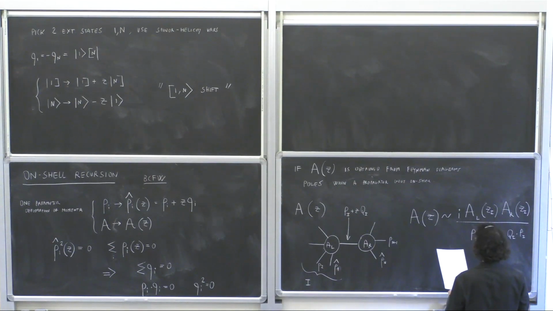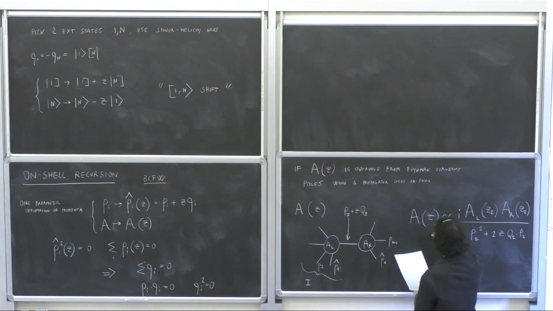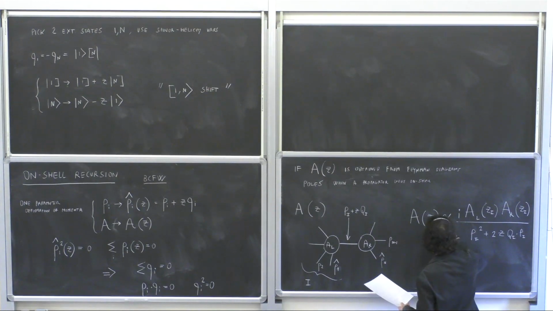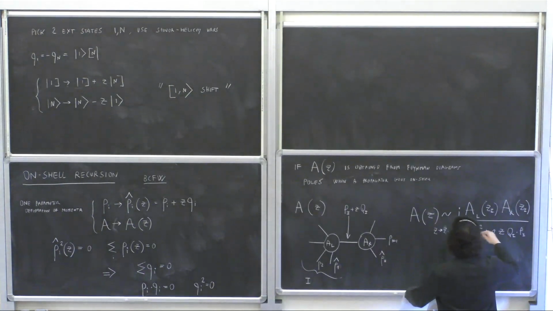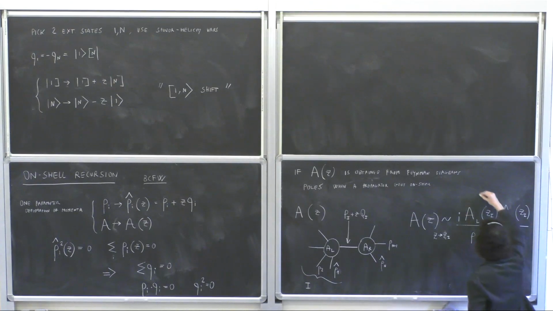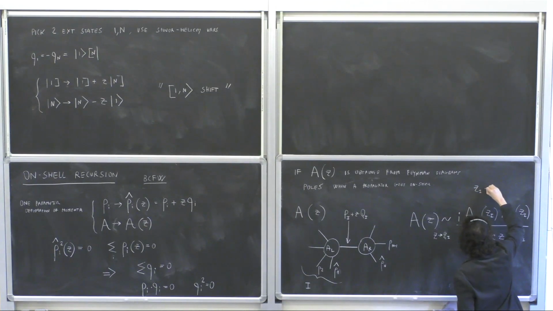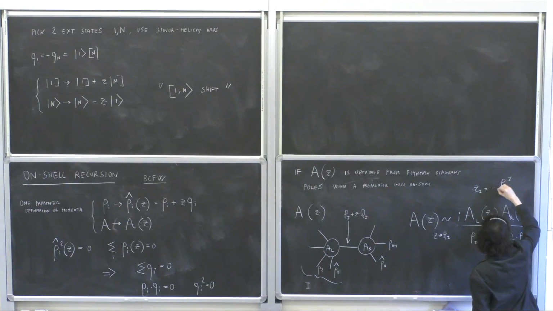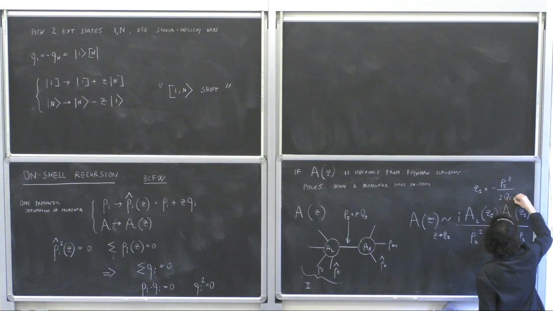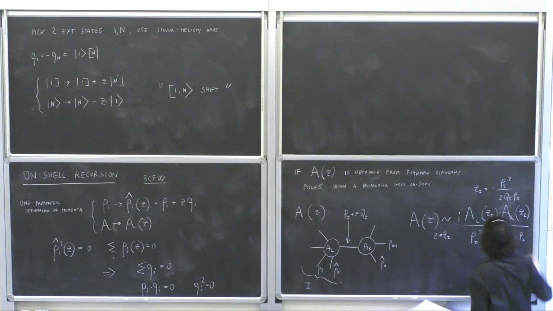Okay, very good. And of course, this will be close to a pole, which I indicate as Zi. And the value of Zi will be the one in which the denominator vanishes. So I can say right away that Zi is defined as minus P_I squared divided by 2 Qi dotted into P_I.